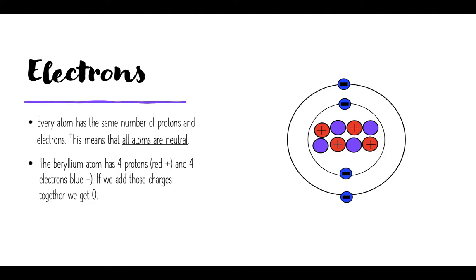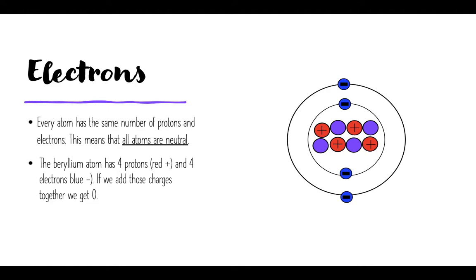Now, if you were to add 4 and negative 4 together, you would get 0. What that means is this atom, and all atoms for that matter, have no charge. They are neutral. And the reason that they are neutral is that they have the same number of protons and electrons.